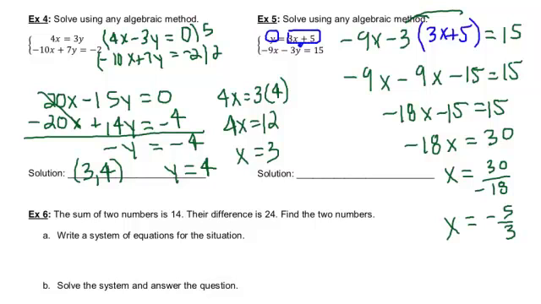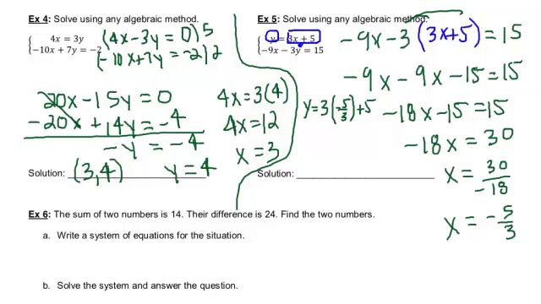Then we're going to plug that back in to solve for our y value. Now we can plug it back into our first equation. That's going to be the easiest one to plug into. So we have y equals 3 times negative 5 thirds plus 5.